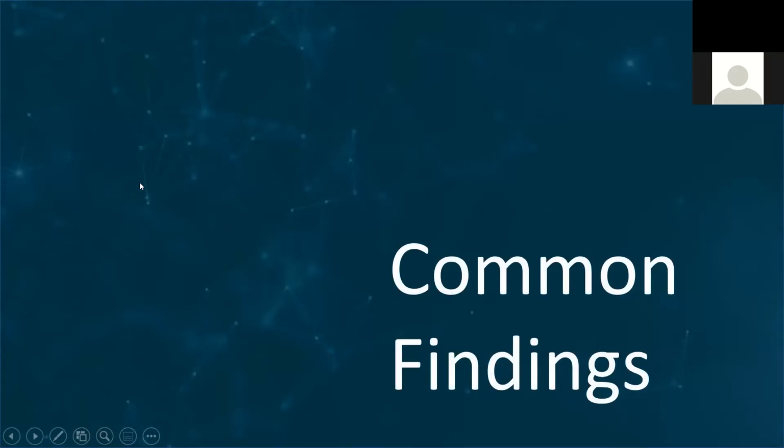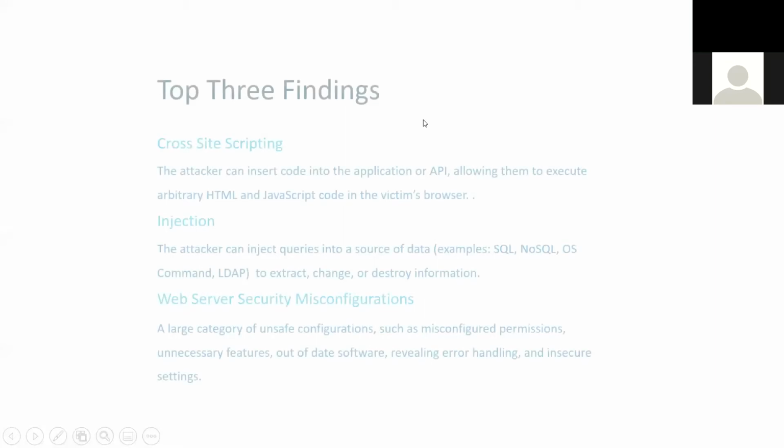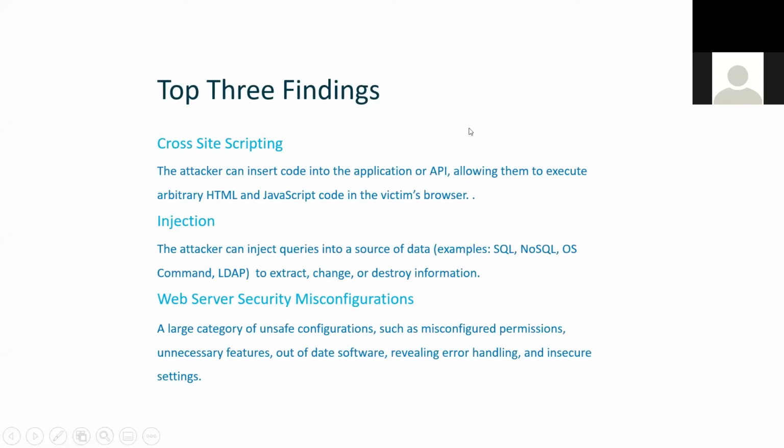So what are some of the common findings that we find on these tests? Okay, we mentioned cross-site scripting before. This is where an attacker can insert code into the application or API, and this allows them to execute arbitrary HTML and JavaScript in the victim's browser. So an example of this would be if I was able to put in code that steals a cookie.